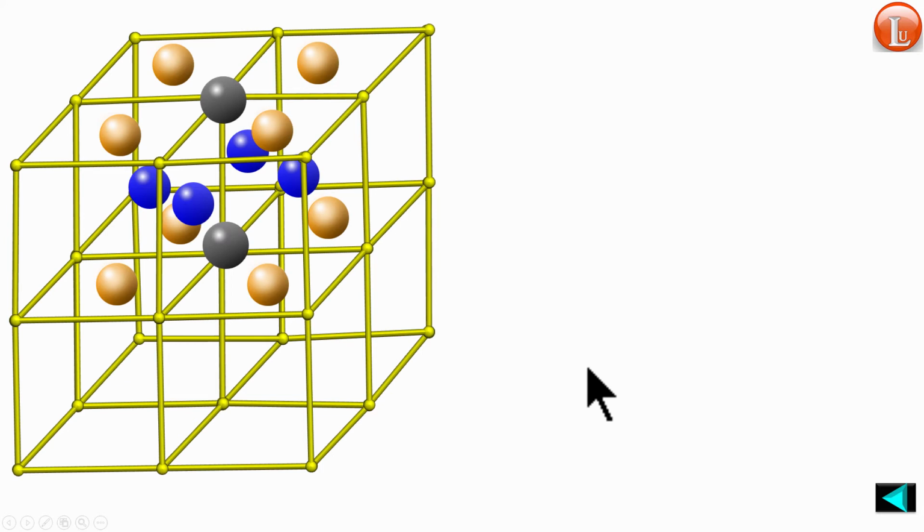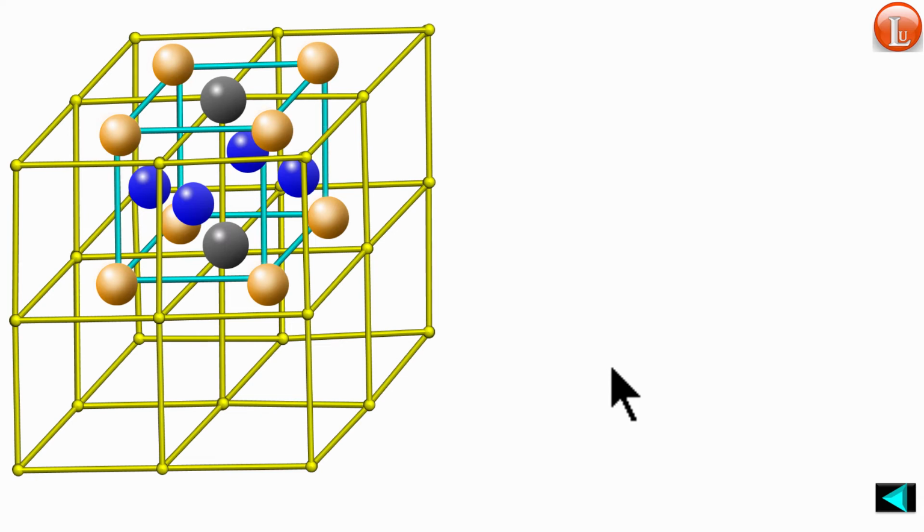And I join these face centers. The edge length is A again, and it just looks like the face centered unit cell that we saw. Now what is the difference? The difference is it still looks the same, face centered, but some face centered have become corners, some face centered are still remaining as face centers.